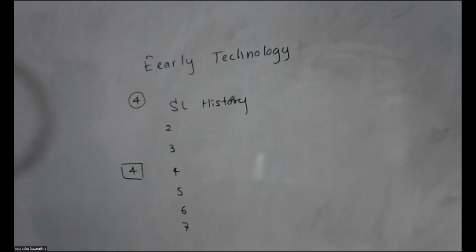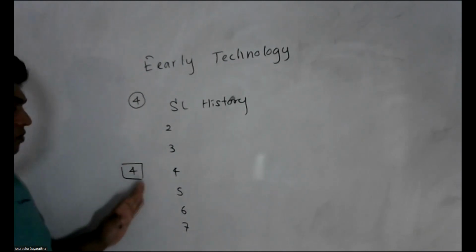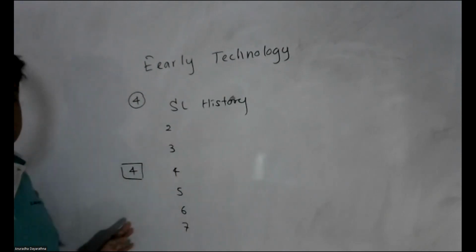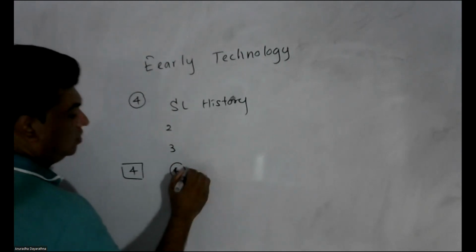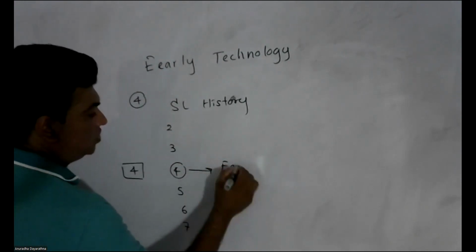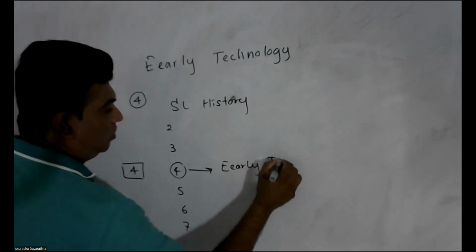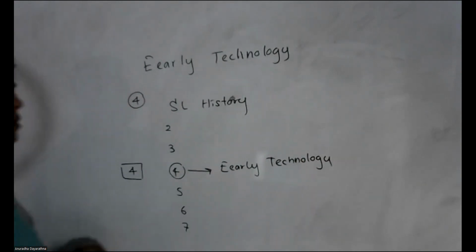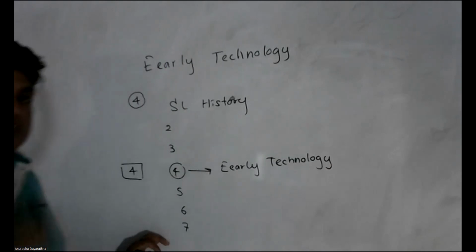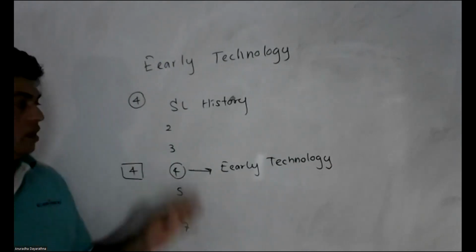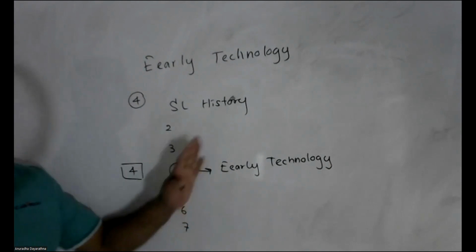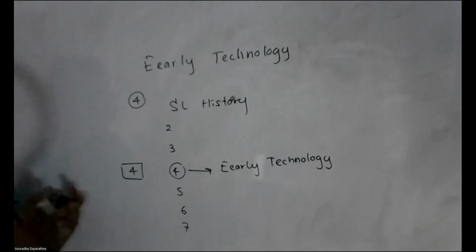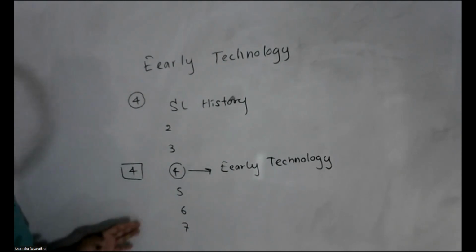And when we take the classification of the lessons, the fourth question is based on early technology. This early technology was a question always given from 2016 up to last year. They have given a question exactly from this section. But this year, we could not see such a question in the question paper.